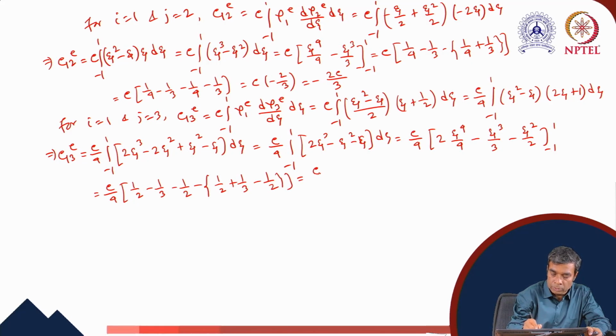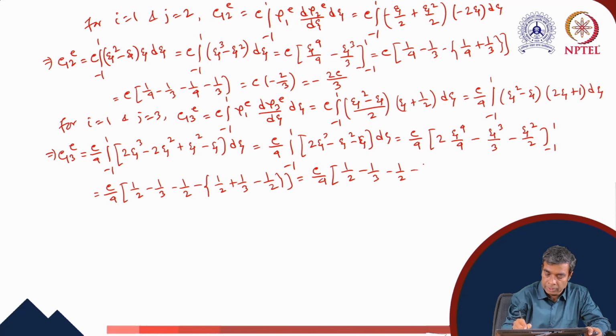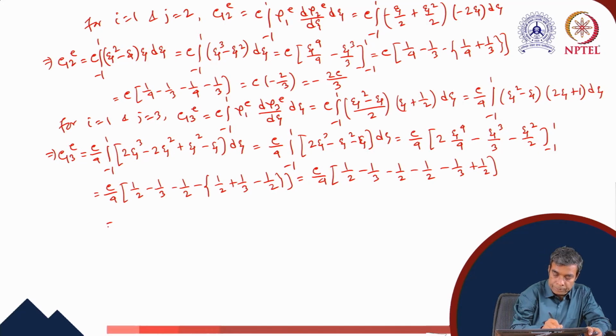This is equal to c by 4 into (half minus 1/3 minus half minus half minus 1/3 plus half), equals half minus half, they cancel out, plus half minus half, they cancel out. C by 4 into minus 2 by 3 equals minus c by 6.